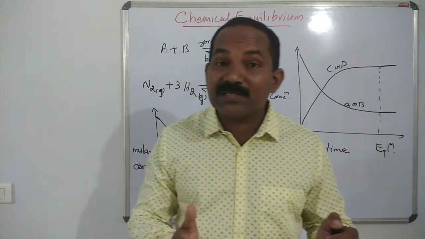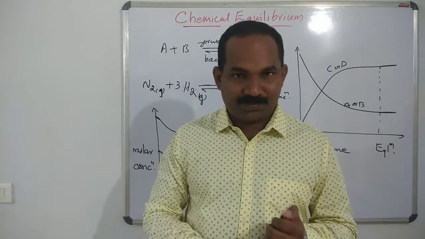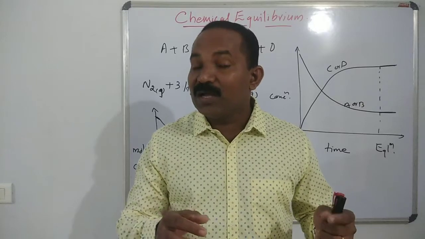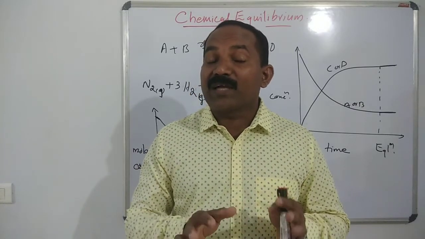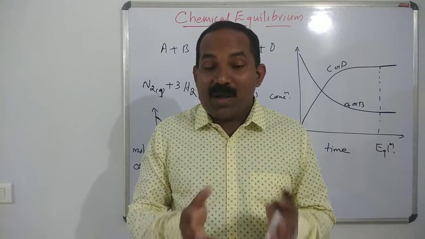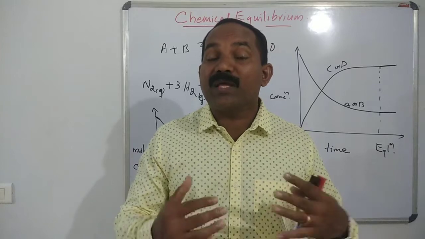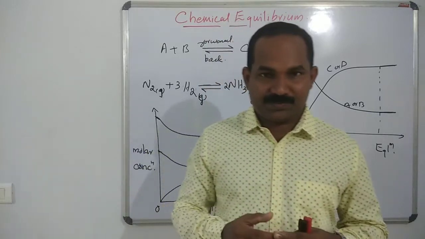That means the equilibrium is established. Remember that at equilibrium, the reactions do not stop. The reactions are going on, but the rate of the forward reaction becomes equal to the rate of the backward reaction.